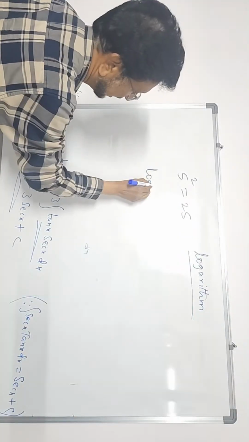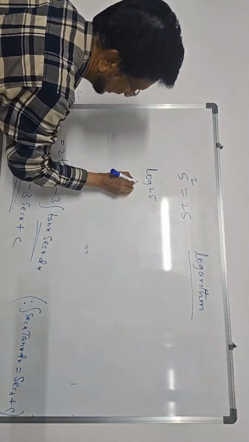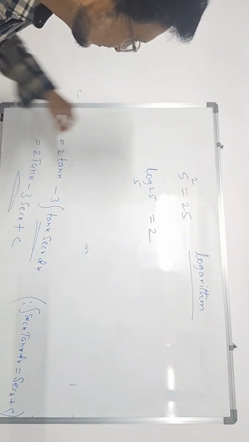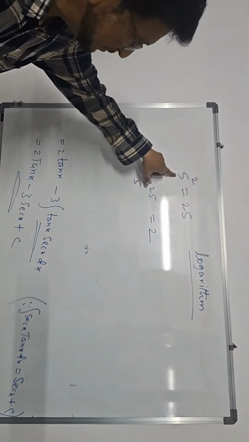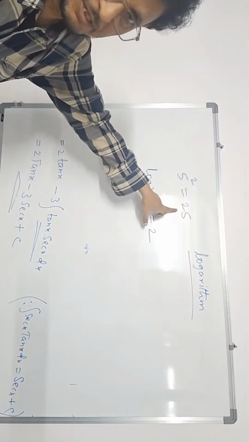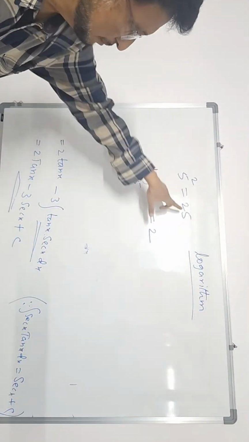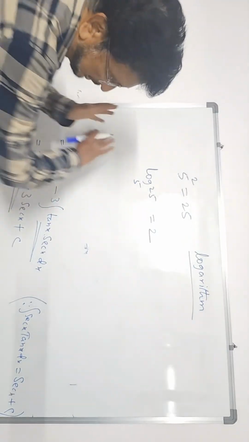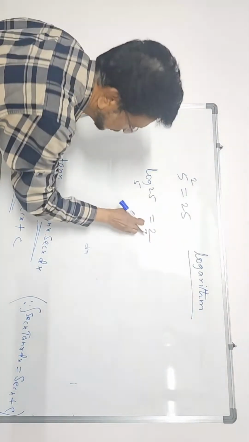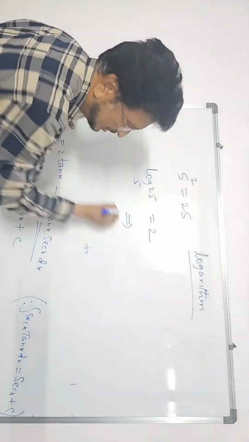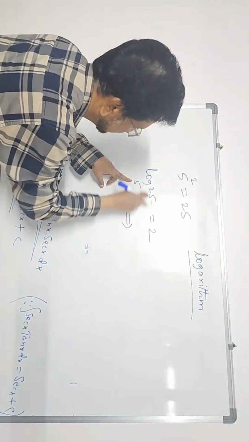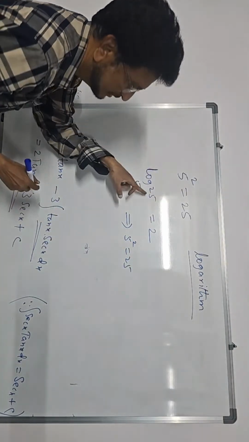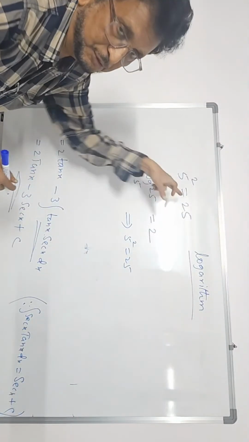Logarithm of 25 base 5 is equal to power. Here base is 5, power is 2, number is 25. Logarithm of number 25 to the base 5 is equal to 2. If you want to remove logarithm, you can write 5 power 2 is equal to 25. Inversely, if you want to write 5 power 2 is equal to 25, same I have written here. These are interchangeable steps.